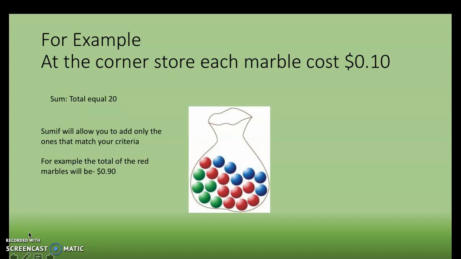So for example, if we wanted to find out the total cost of the red marbles, SUMIF will go through and it will look for the red. So we have 1, 2, 3, 4, 5, 6, 7, 8, 9 red marbles. So the total of the red marbles will be 90 cents.